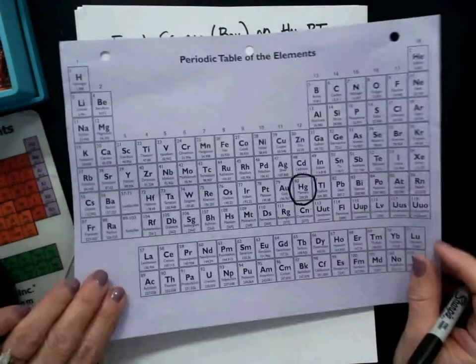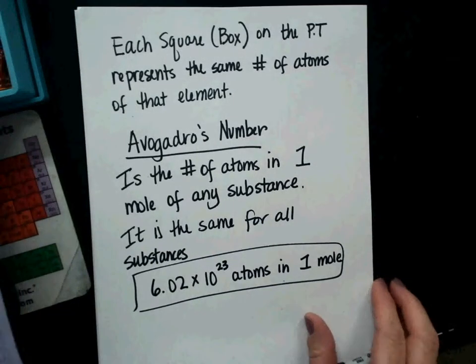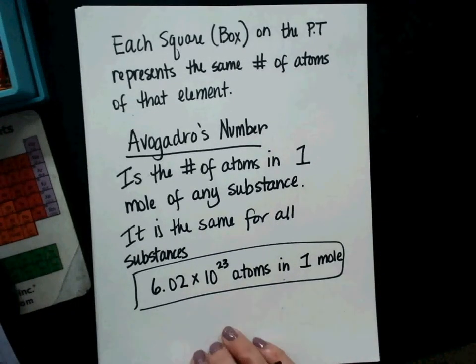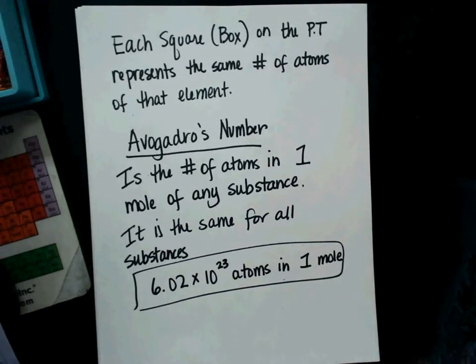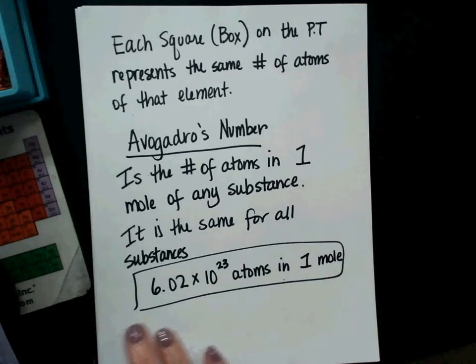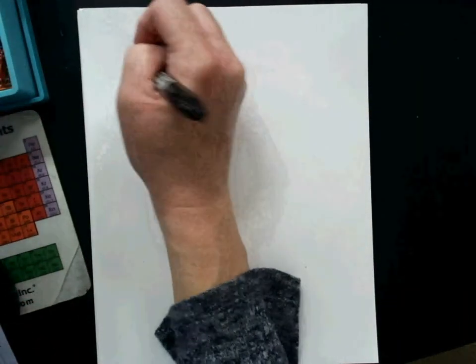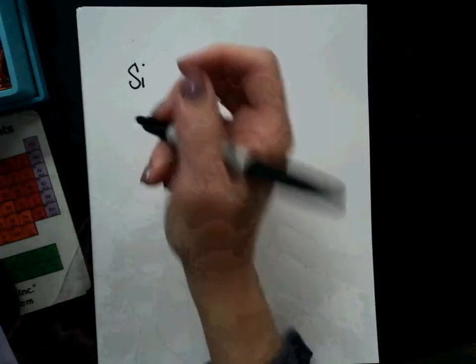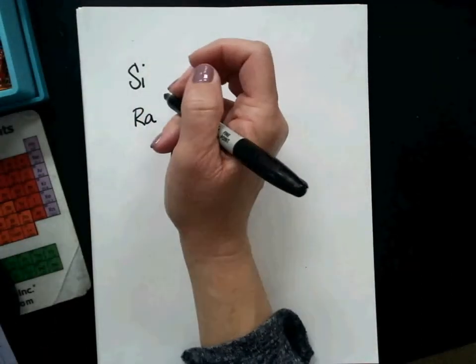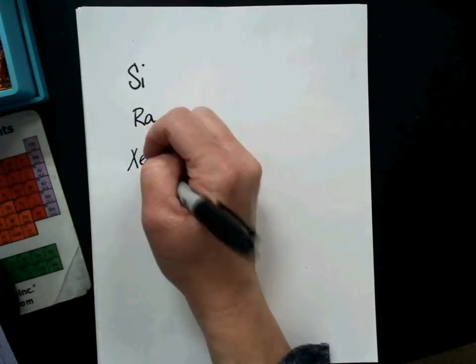So grab your periodic table again. Are you done with this page? Can I flip it? Let me wait a minute. And then grab your periodic table, and I want you to find these 3 elements. We'll do silicon, radium, and xenon.